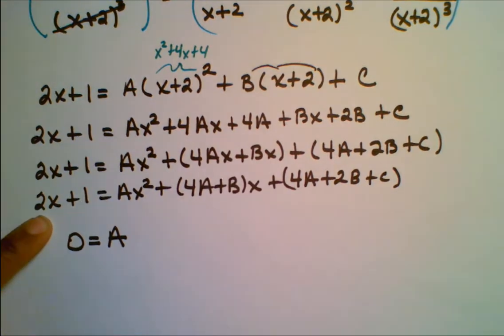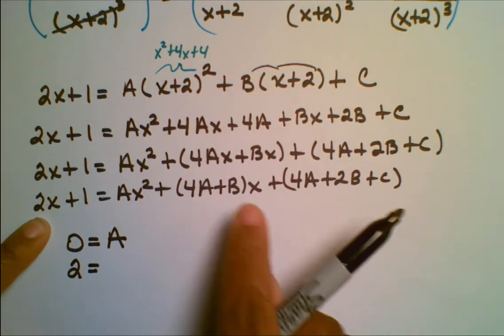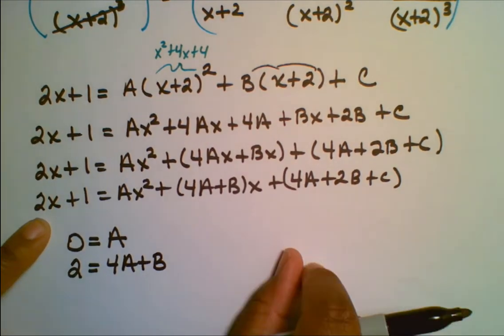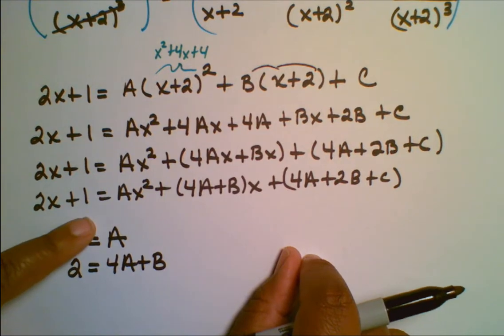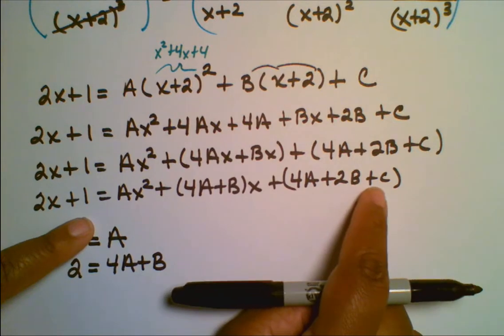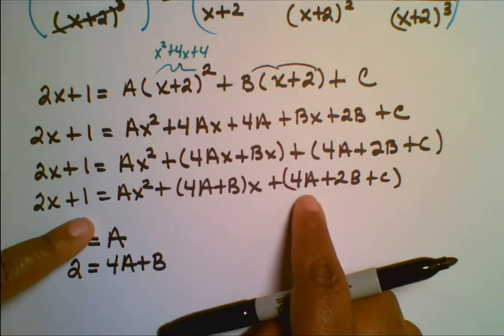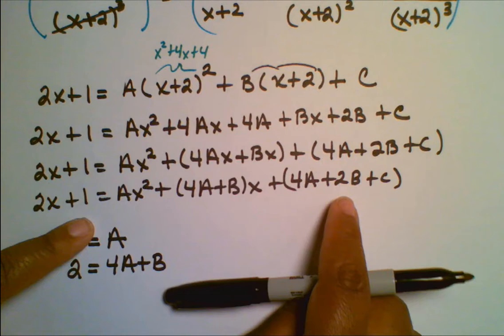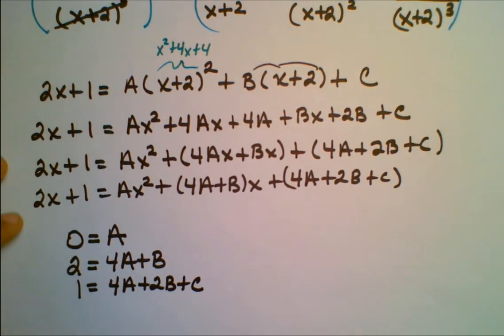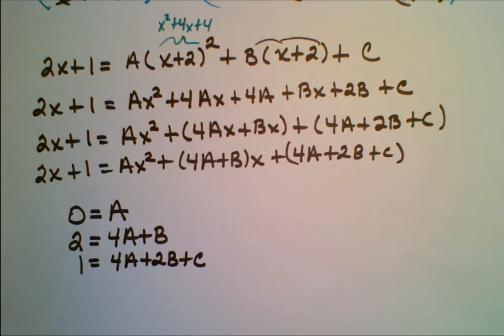Looking at the coefficient, 2 is equal to 4A + B. And then our constant terms: 1 is equal to 4A + 2B + C. Okay, so here is our system.